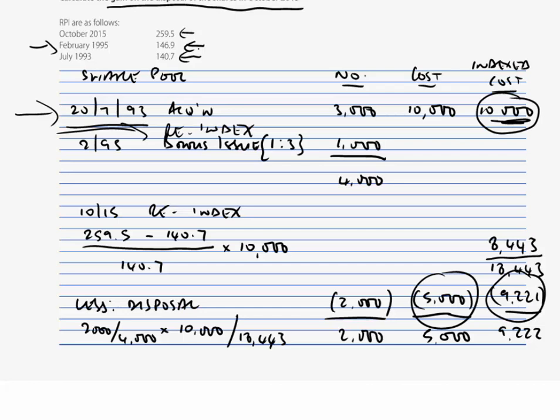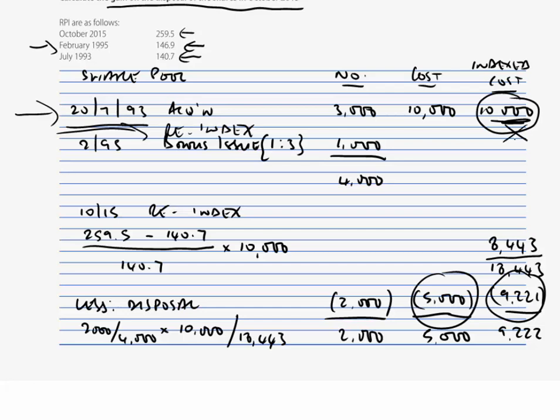The re-indexation would have read 10,000 multiplied by the RPI then, February 95, 146.9, minus July 93, 140.7, all over July 93, 140.7. And that figure would then have gone in to your index cost column there.